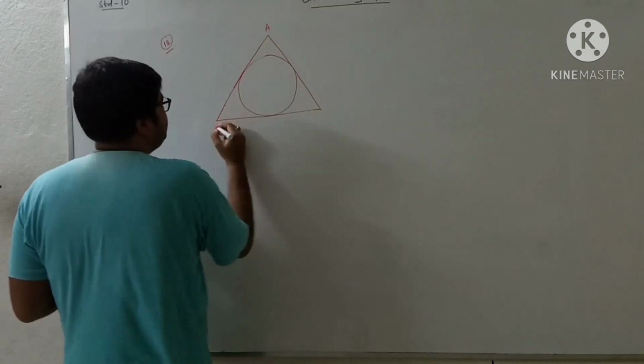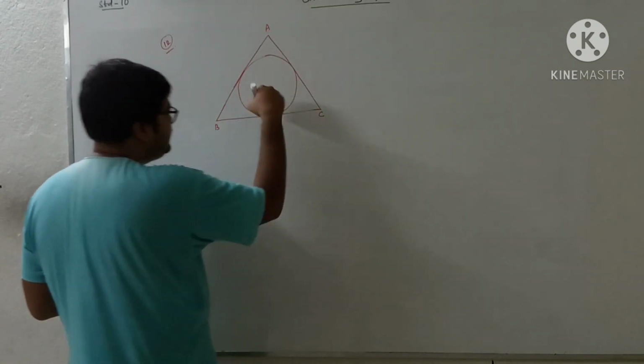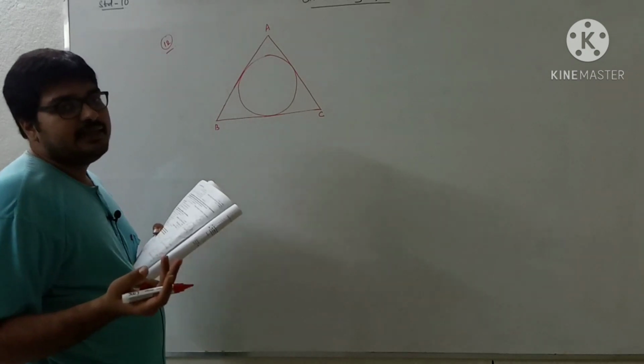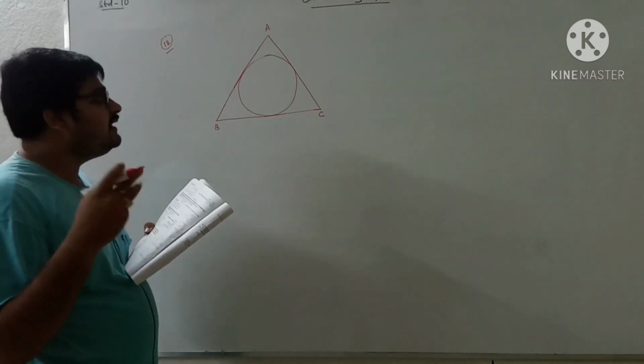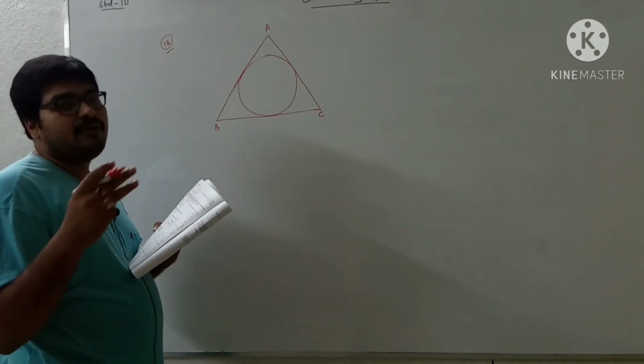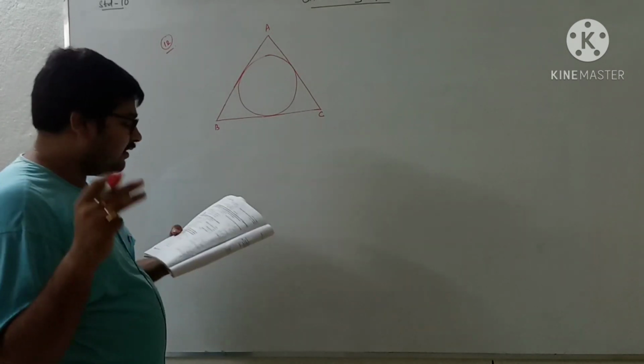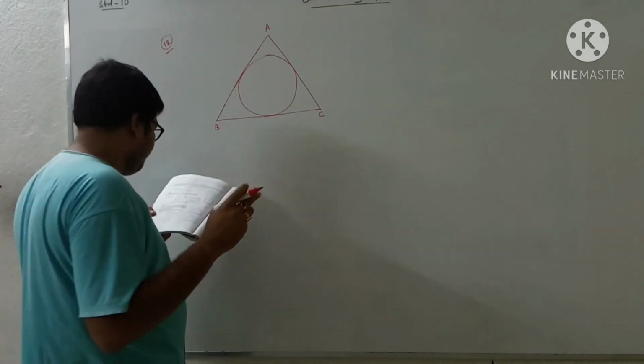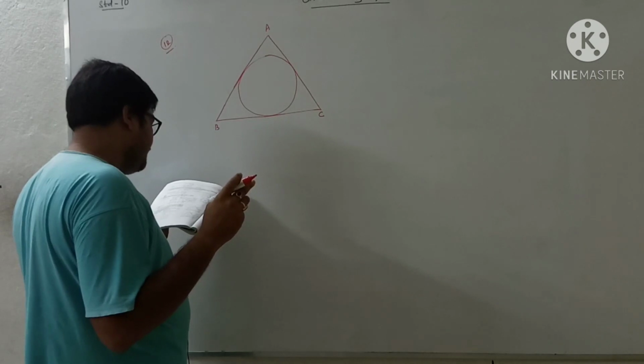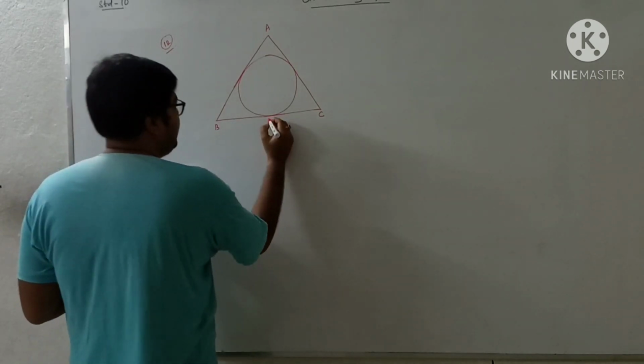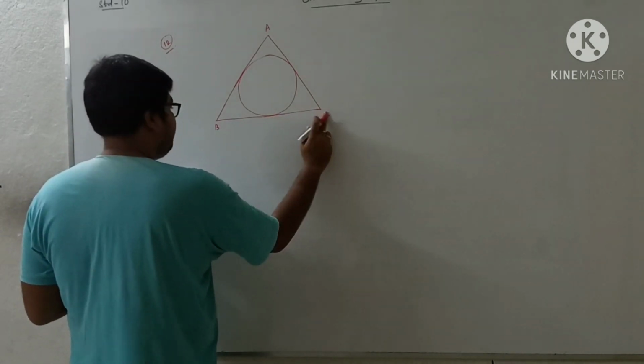Suppose ABC is a triangle which is circumscribing the circle, because I have already told the meaning of circumscribe: all the sides must touch the circle, they all will become tangents of the circle.